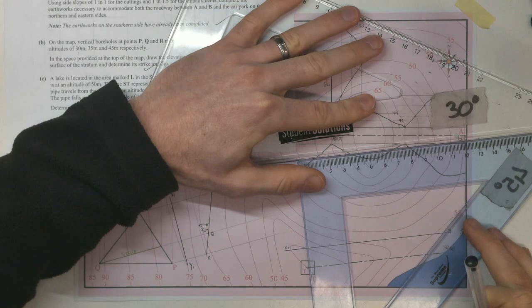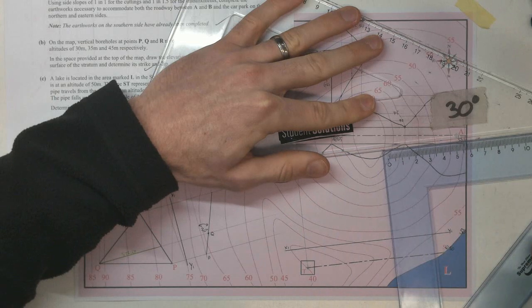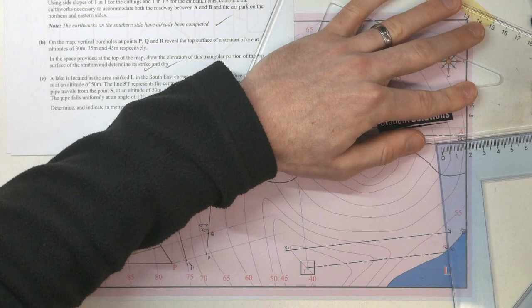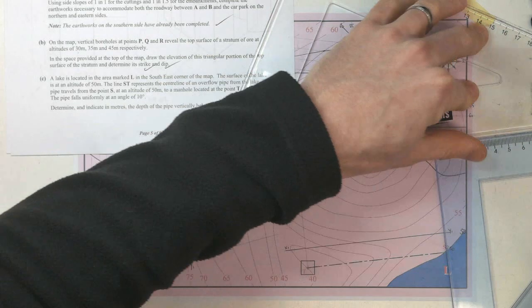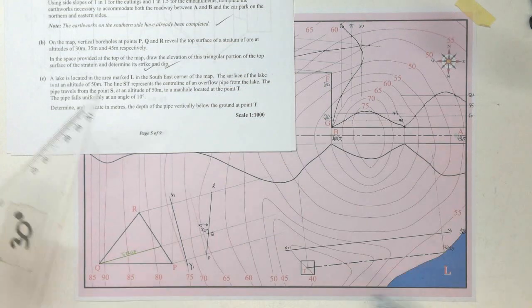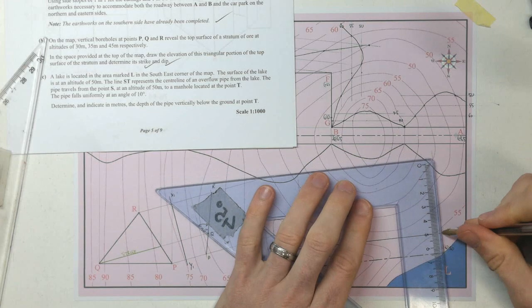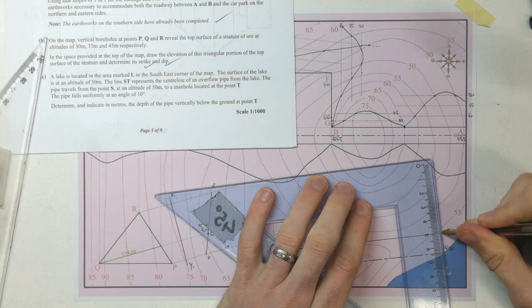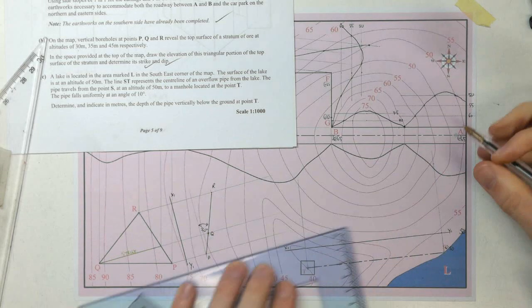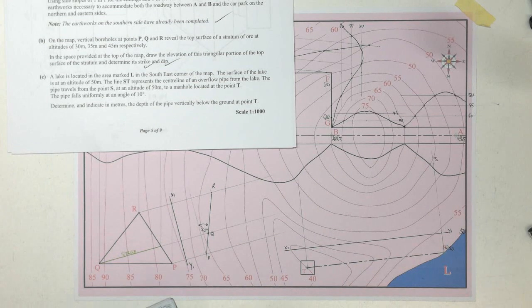We'll project out T and project out S. Okay, so the height at S is 50, so let's mark off 50 there. S. The height at T is at a height of 40, isn't it?